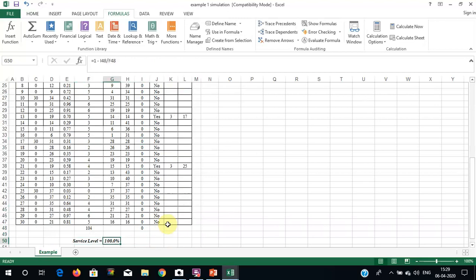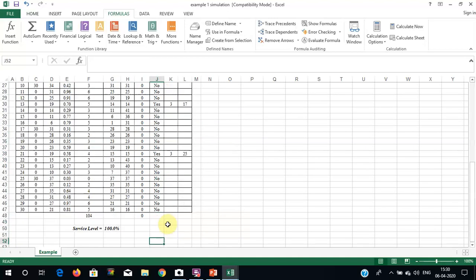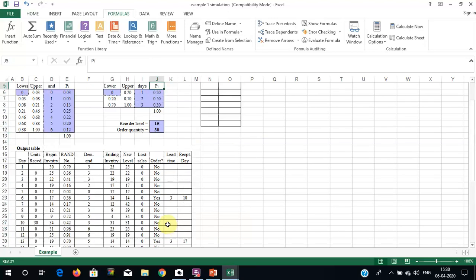And service level, which is 1 minus lost sales divided by the units ordered, correct? So our service level, as per the definition and the calculation, is 100%. So this is a good inventory policy to follow, and we are pretty much okay with that.